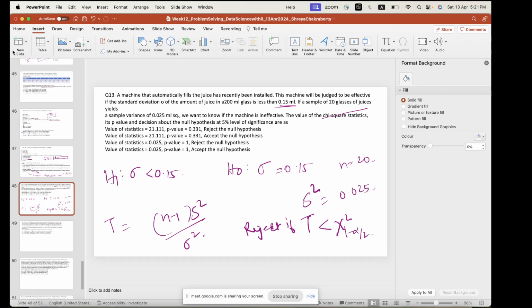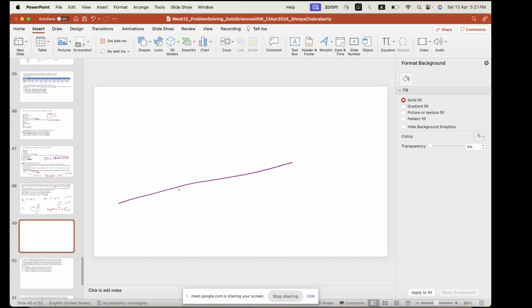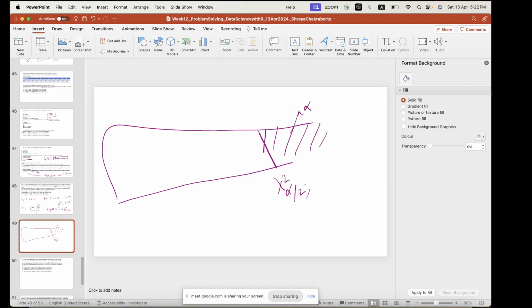For chi-square, it is a positively skewed distribution. This point is chi-square alpha by 2 such that the area above it is alpha by 2, and this point, let's say, is chi-square 1 minus alpha by 2, so the area below it is alpha by 2.